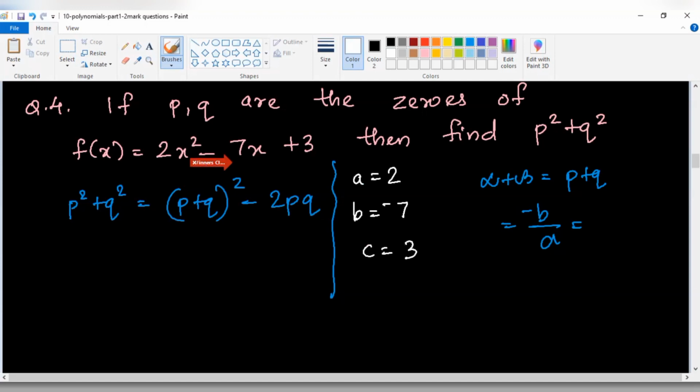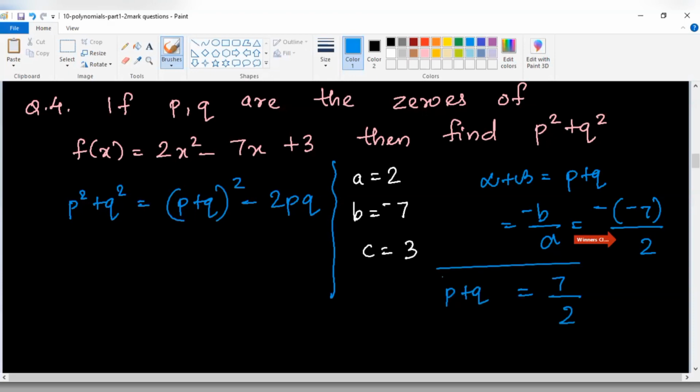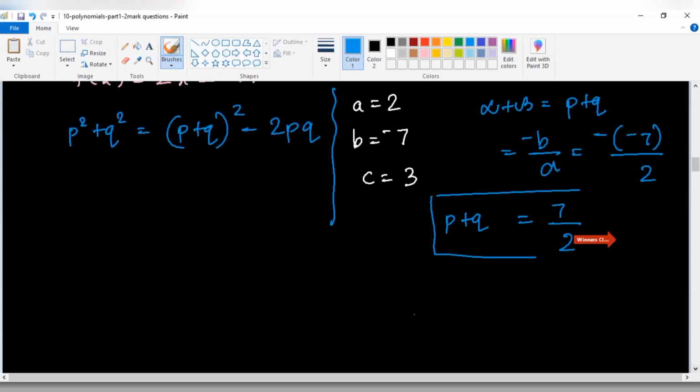Minus b by a, minus of minus 7 by 2. That is 7 by 2. This is what is P plus Q. And similarly, we can find the value of PQ, like alpha beta. Alpha beta is c by a. That is PQ. In place of c, we have 3. So 3 by 2 because a is 2 over here.